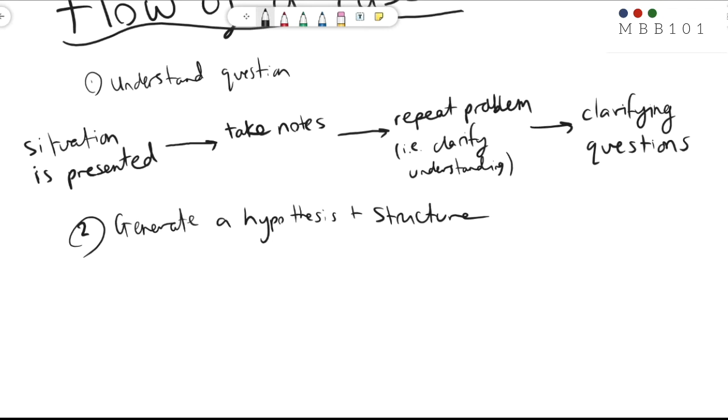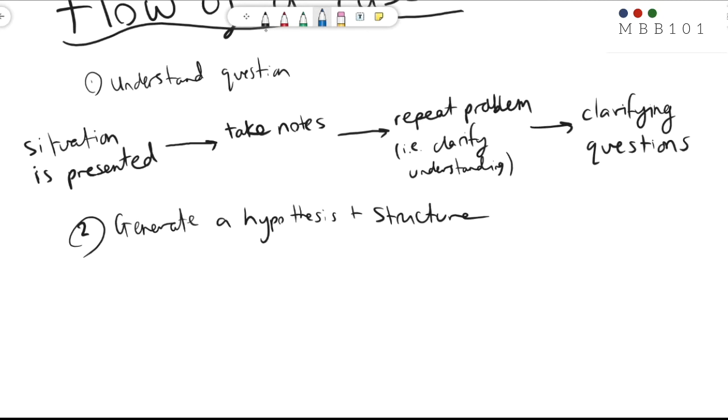Your hypothesis would essentially be what you believe the very high-level solution could be to achieve that objective. And then based on the hypothesis, you can then create a structure. If that all seems kind of abstract and vague, it'll become clearer when we go through how you actually do it in our generating a hypothesis video, so don't worry about it.